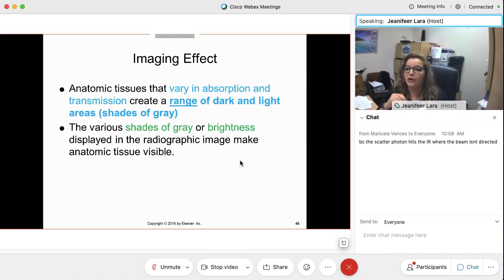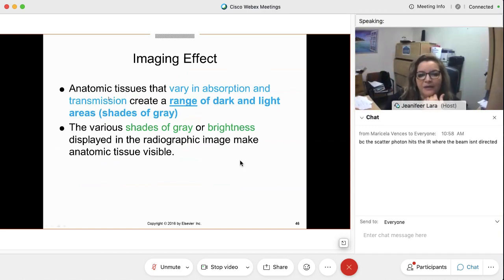So this is where the biggest confusion starts to come in when we eventually start to talk about contrast. If you can pick up this definition right now, it will carry you through the rest of the semester. And I know I keep saying that, but PRE is comprehensive.